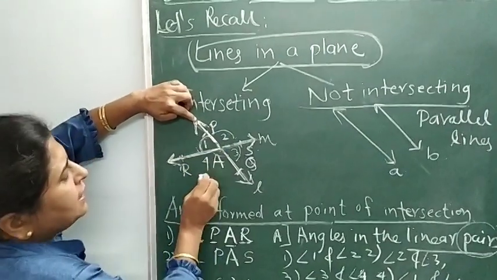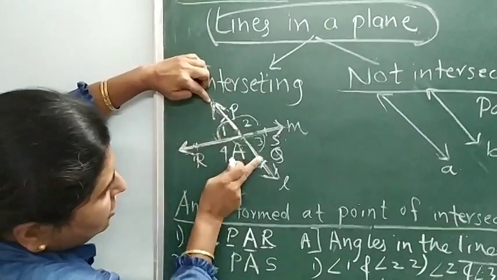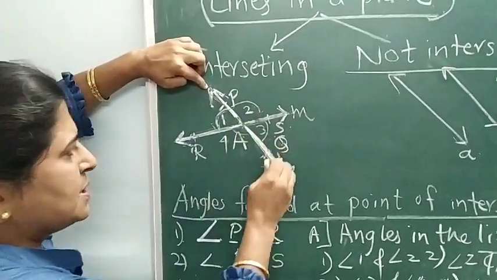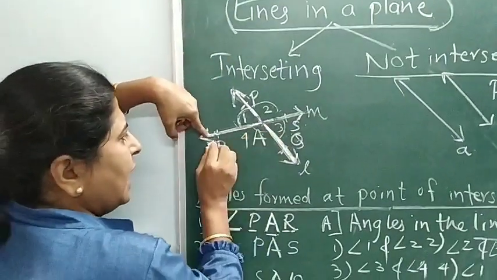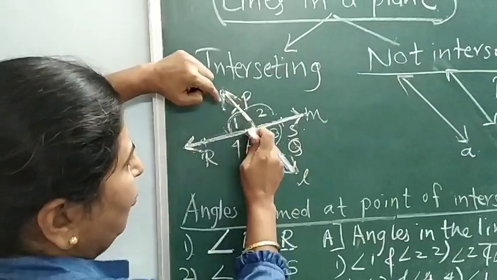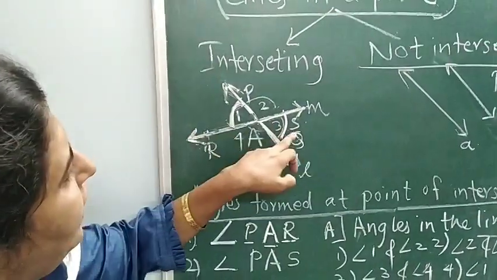What is the opposite ray of this ray AP? Its opposite is going here, AQ. So this is the opposite. And what is the opposite of AR? It is AS. So angle 1 is the vertically opposite angle of angle 3.